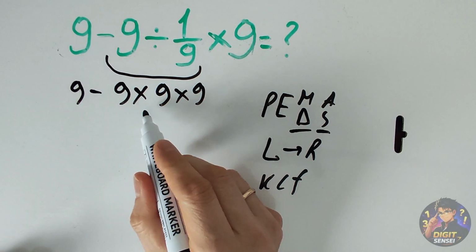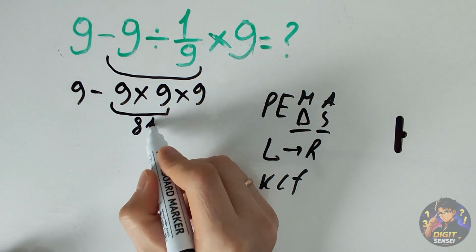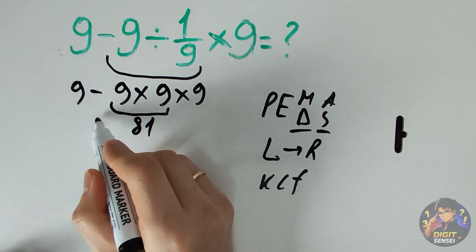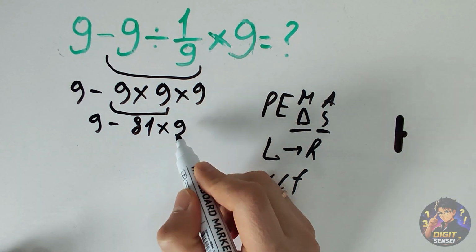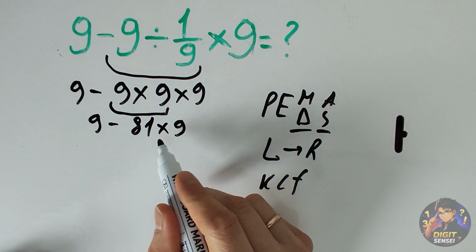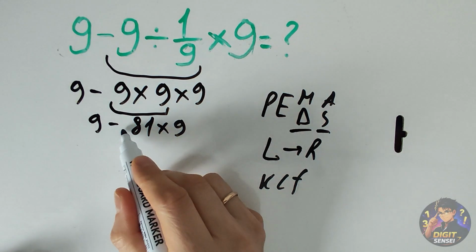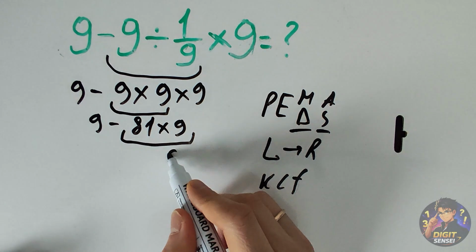Now we have to do this multiplication or this multiplication. Okay, first is multiplication. 9 times 9 gives us 81. So 9 minus 81, then times 9. Okay, first we have to do this multiplication. 81 times 9. 9 times 1 gives us 9.